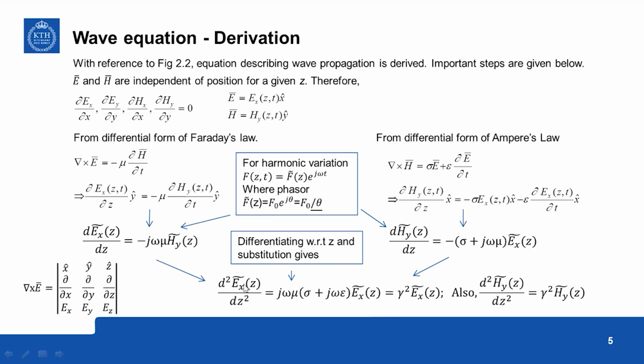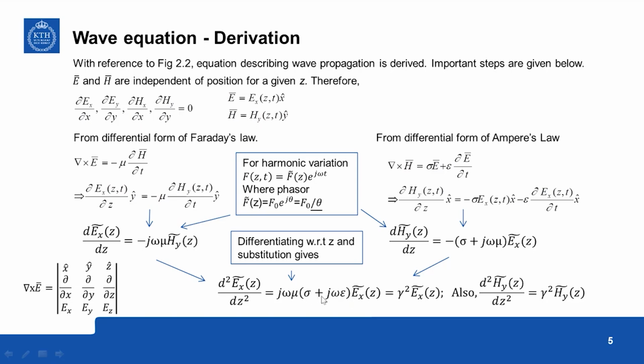The second derivative of E with respect to z equals (j omega mu sigma plus j omega epsilon) multiplied by E. So this value, j omega mu times (sigma plus j omega epsilon), is a function of a material property in terms of conductivity and electric permittivity and the frequency omega.